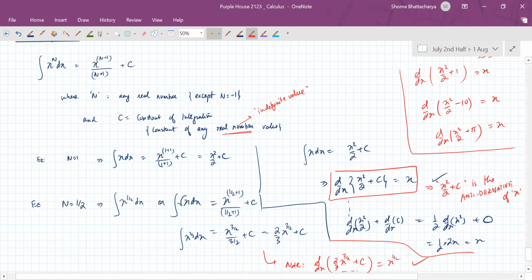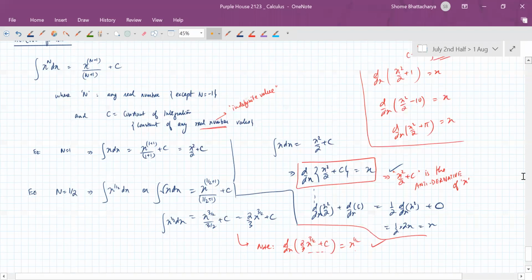So this term is the antiderivative for this term. We are getting this term by integrating x to the power half. Okay, so understood this formula? Yes, sir. I will tell you the exception also and how to work that out. But first, just make a note of these two examples with the formula.